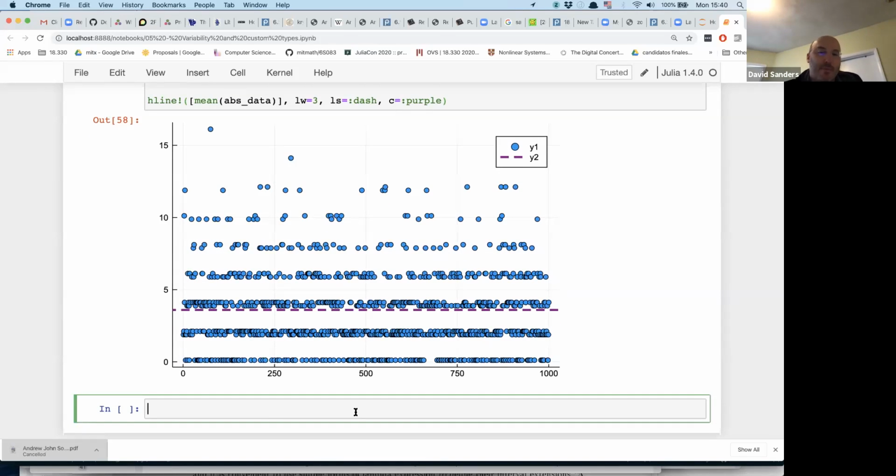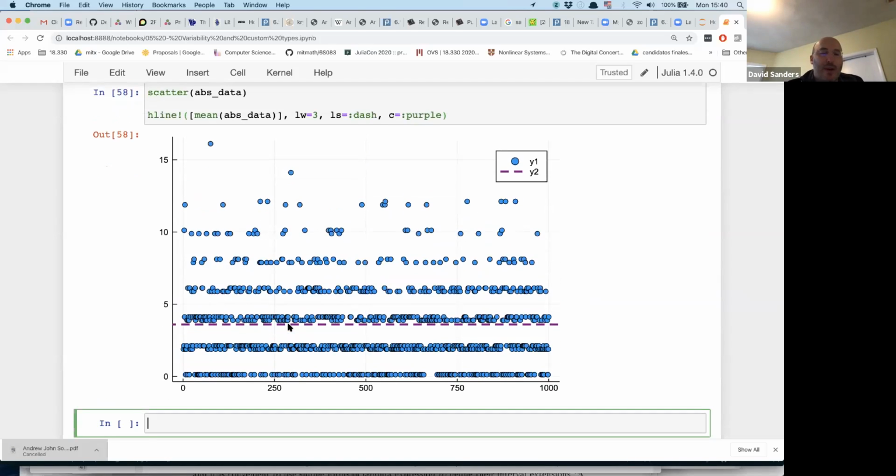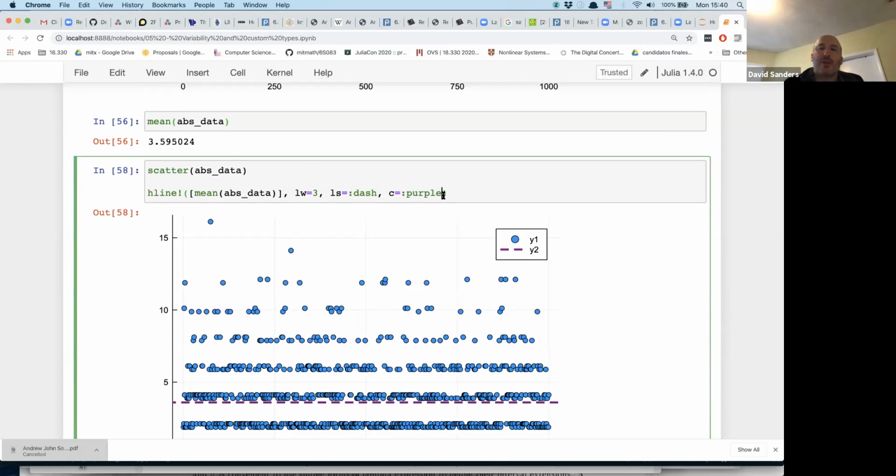So how much of the data lies between there and there? How am I going to calculate that? Can you answer that in the chat? This picture is actually quite confusing because these dots are on top of each other. So we can use alpha equals 0.5.